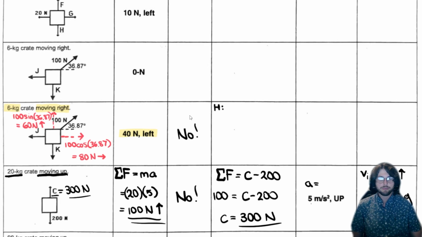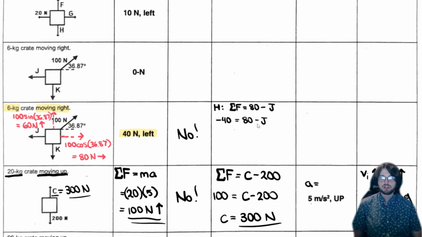So horizontally, our net force has to equal an 80 Newton force to the right minus an unknown force J that we've got to solve for. All right, and so our net force is in the horizontal direction. We're told that we have a leftward or negative 40 Newton force in total. So I'm going to sub that in here and add in everything else minus J.